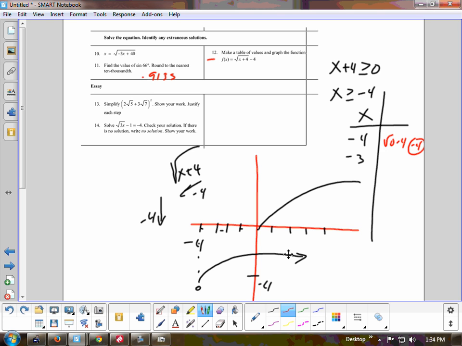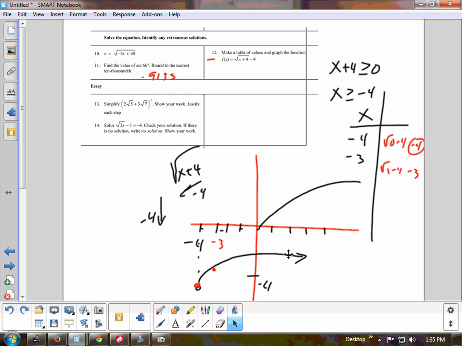And negative 3 plus 4 is radical 1, minus 4 is negative 3, and that's where we're getting these numbers from. Negative 4, negative 4, negative 3, negative 3, and you got your graph that way.